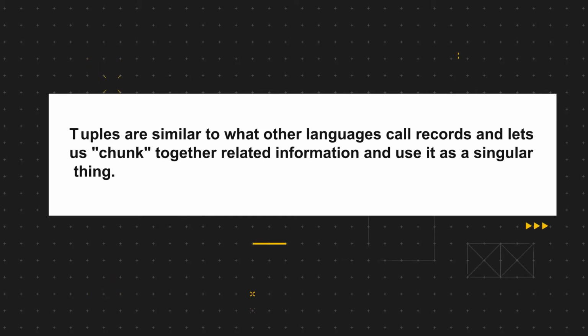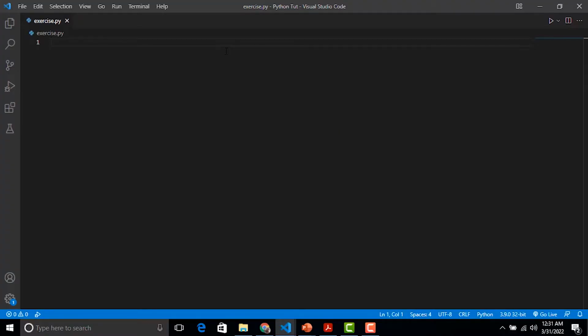Alright, now let's see tuples. So for instance, employee is equal to, I say, name, comma, the name of the employee, which is let's say Godwin.